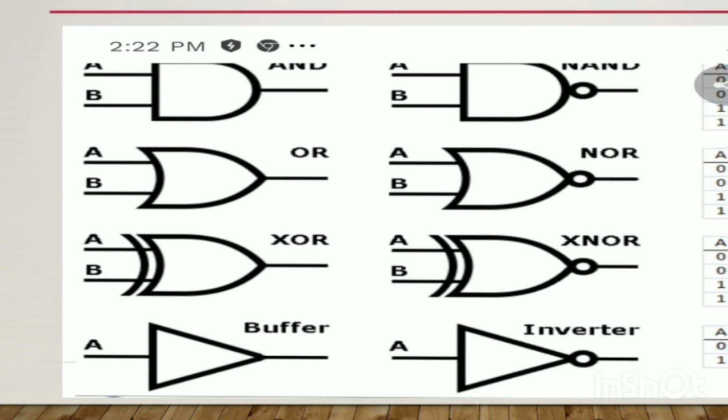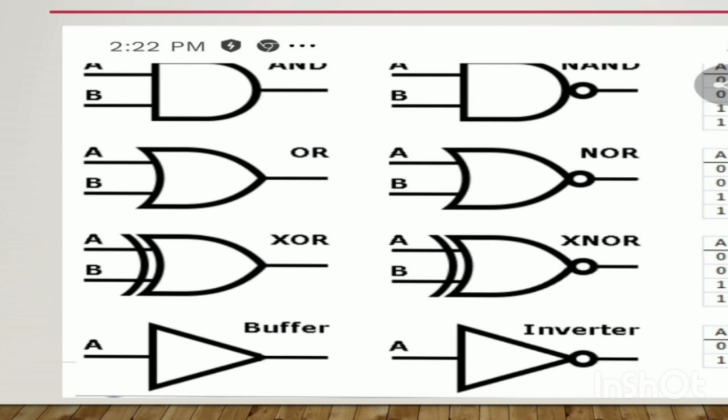Now AND is the first one, second one is OR, third one is NAND, whereas this is XOR. Fourth one is buffer. Buffer is called NOT. Inverter, NOT. This is inverter.